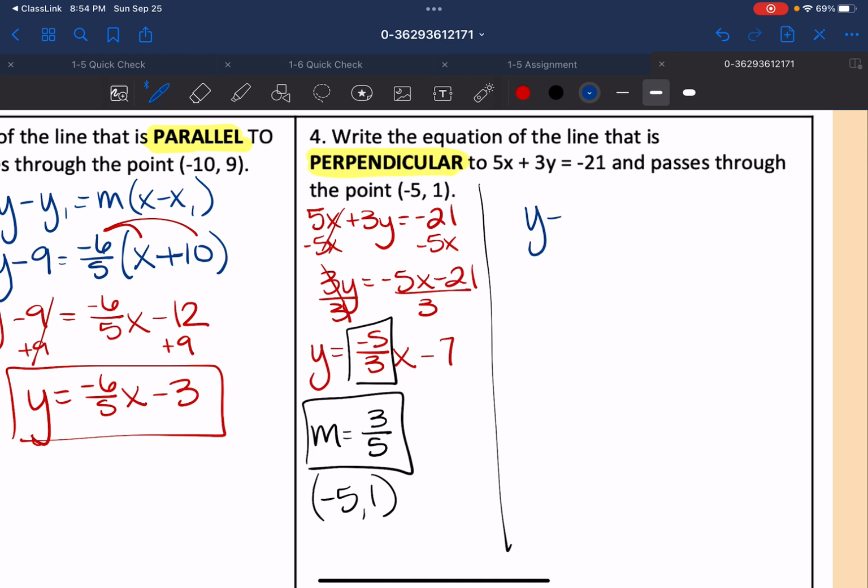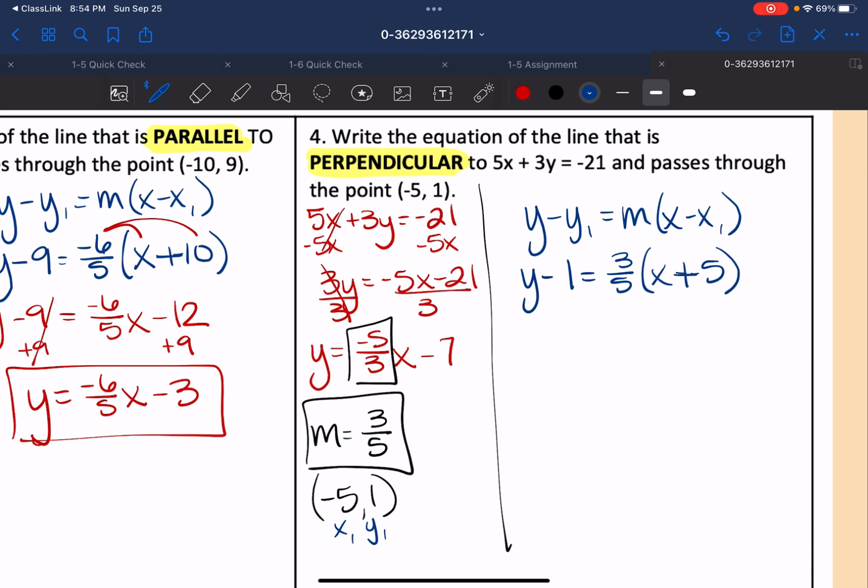So we have y minus y1 equals m times x minus x1. We know that this is x1, this is y1. So y minus our y1 value, 1, equals our perpendicular slope of 3/5, x minus negative 5.